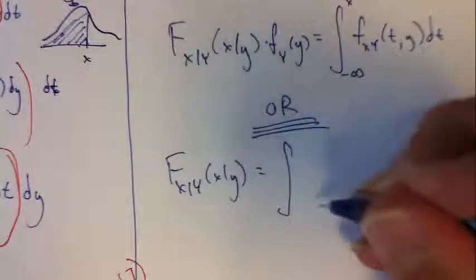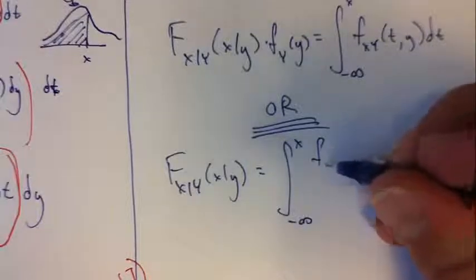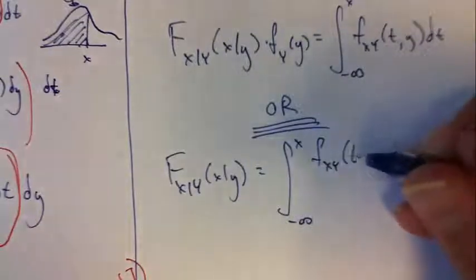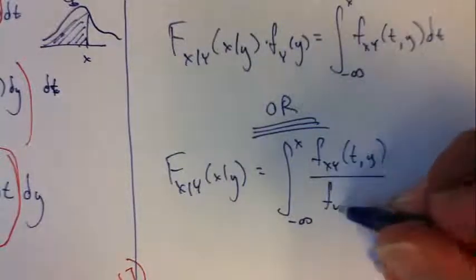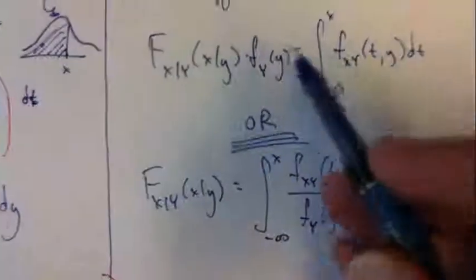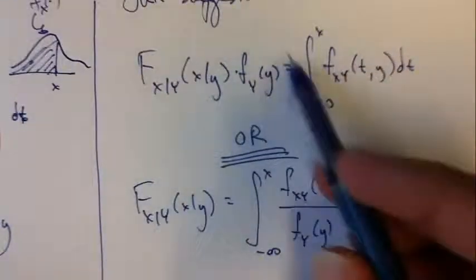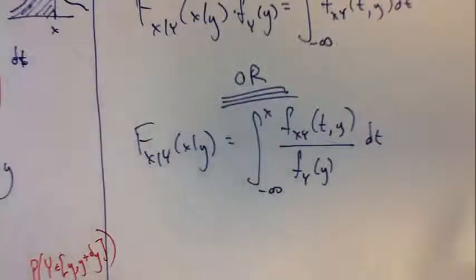This can be written as the integral from negative infinity up to x of f sub X,Y, the joint density function for X and Y, divided by f sub Y of y, dt. All I've done is just divided both sides through by this f sub Y of y function, okay?